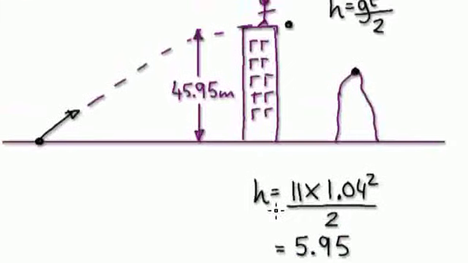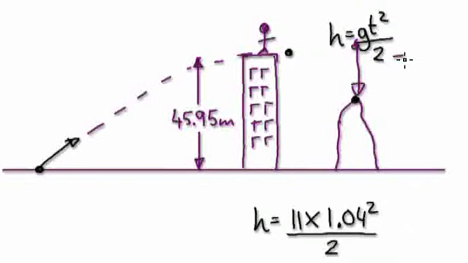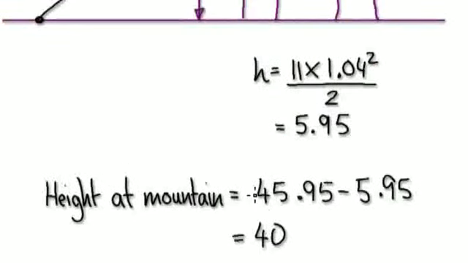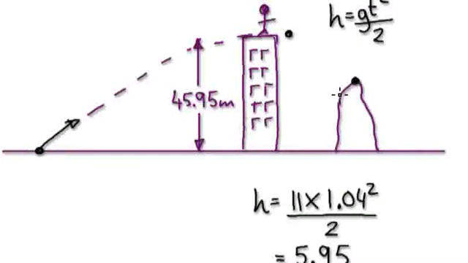So what that means is that by the time the cannonball has got to the mountain here, it would have free fallen by 5.95. That means by the time it gets to the mountain, this 40 here represents the height. Well, the mountain is 30 meters high.